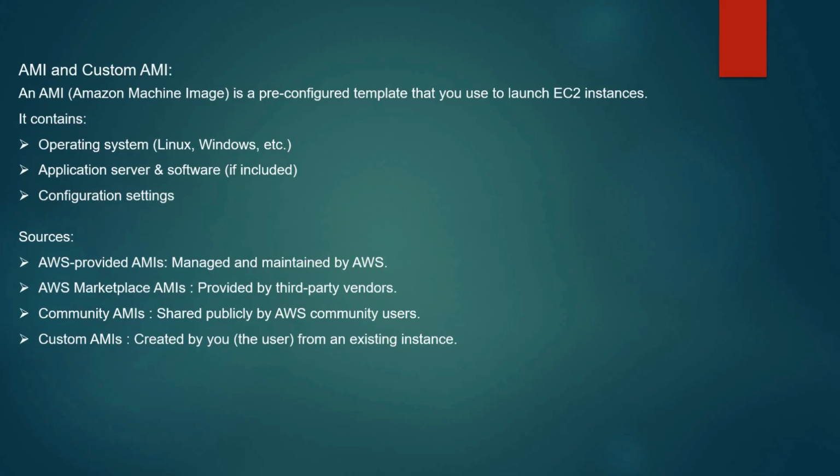Then what are AWS Marketplace AMIs? They are images provided by third party vendors. They are pre-configured with software packages. For example, SQL Server AMI, WordPress AMI.